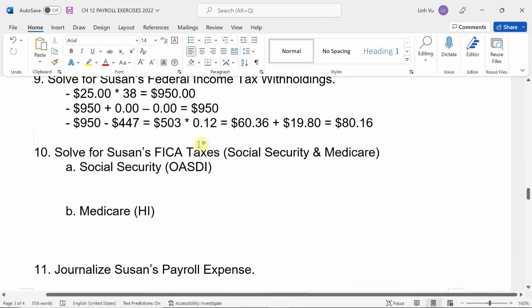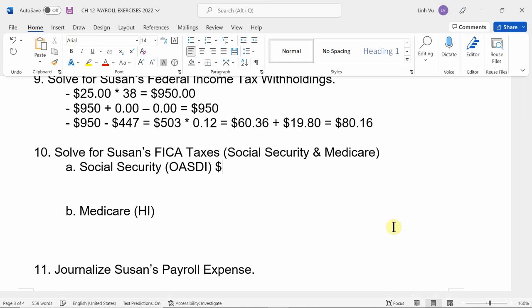So then now we need to calculate Susan's FICA. For Social Security, what percentage are we going to be using? 6.2. Good. Off of her earnings, which is $950. So how much Social Security is she going to be paying in? $58.90.